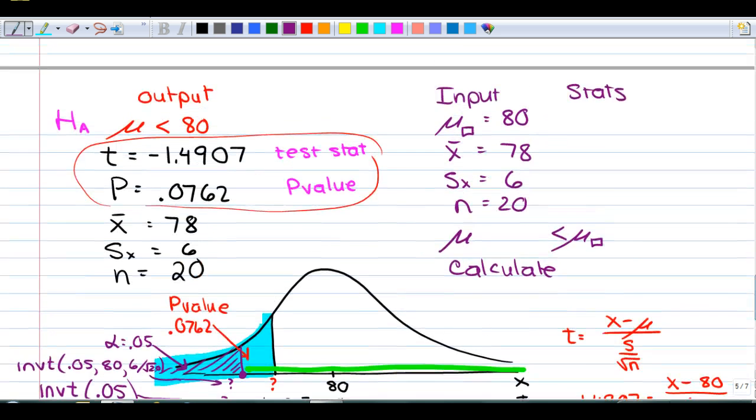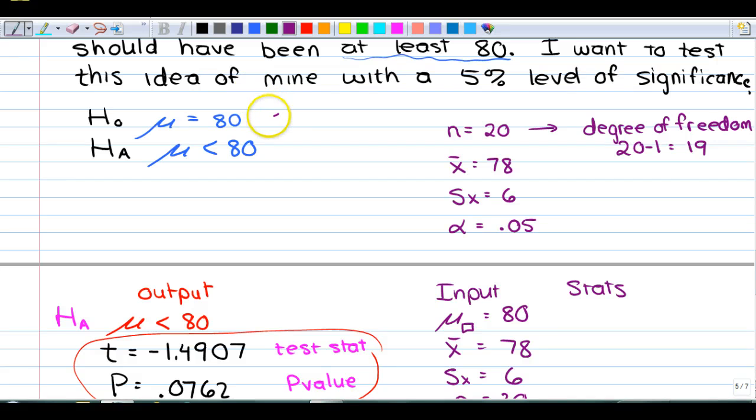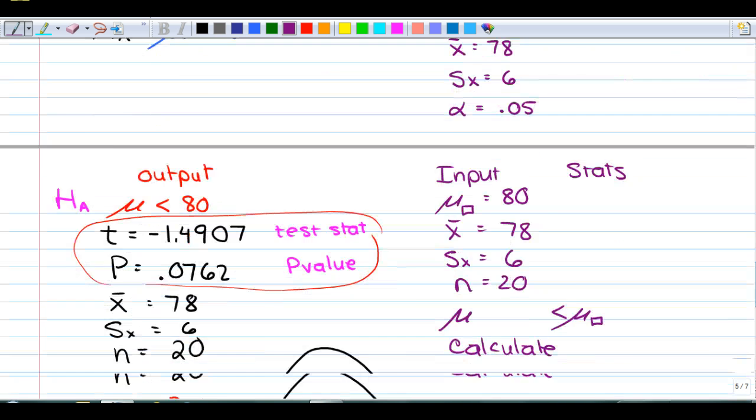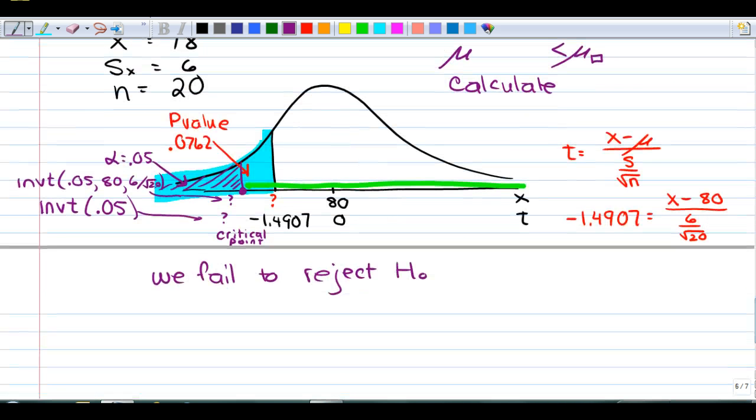However, what was our claim? Our claim was the null hypothesis, so we failed to reject our claim. We think maybe I know what I'm talking about when I say that should be at least 80.